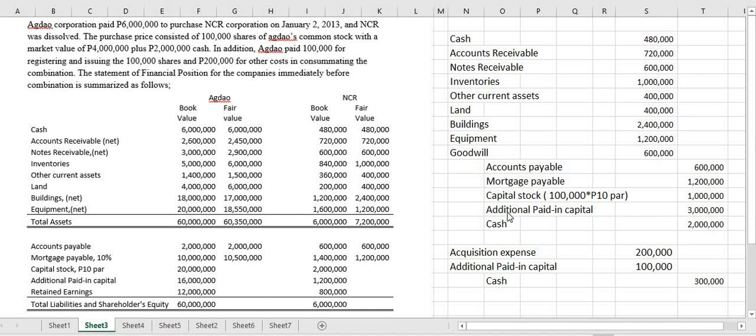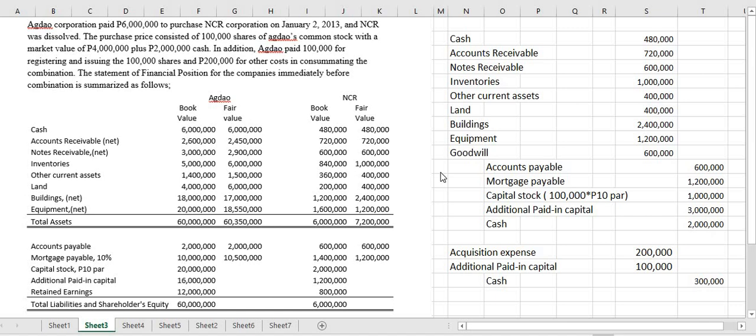Since our consideration is cash and shares, the capital stock has a fair value of 4 million, but the capital stock should always be credited at par. Since it issued 100,000 shares and the par is 10 pesos, capital stock shall be credited at 1 million. That's 100,000 shares times 10 par.